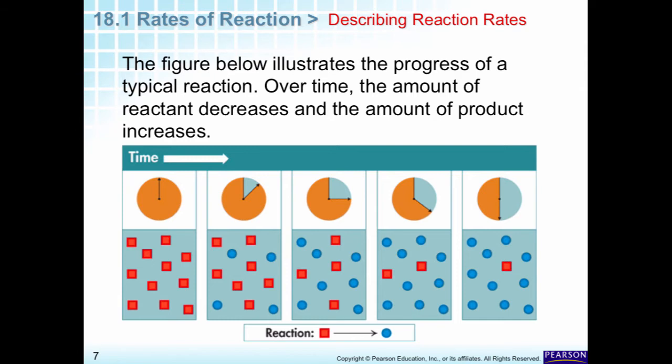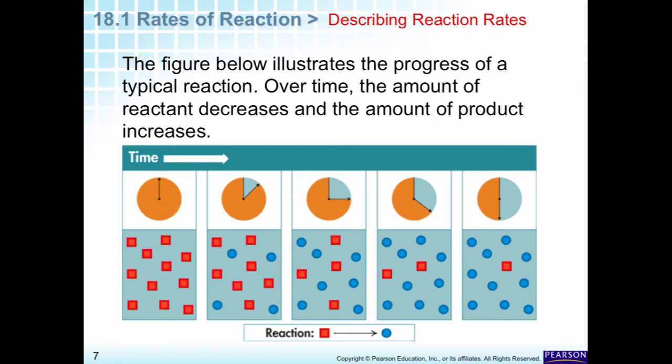So if we were to look at that, we decreased our red squares from the first box to the second. We basically lost how many? We lost 4 squares. So if we look at that as about 10 minutes, we lost 4 squares of red in 10 minutes.